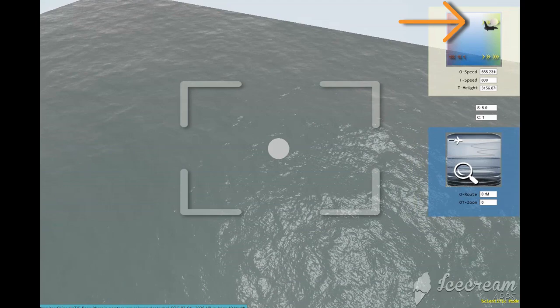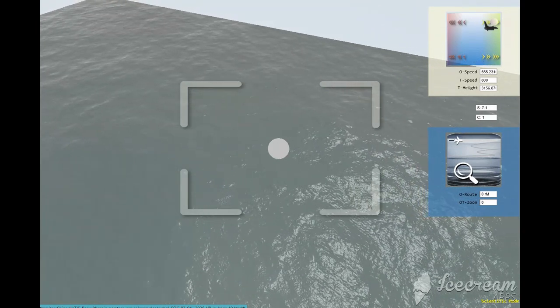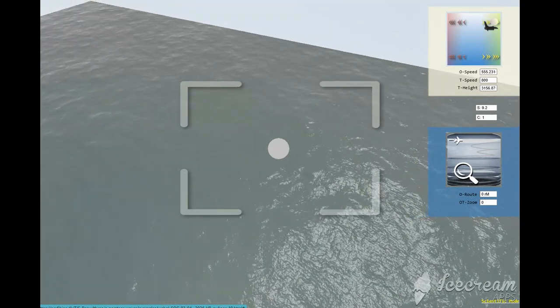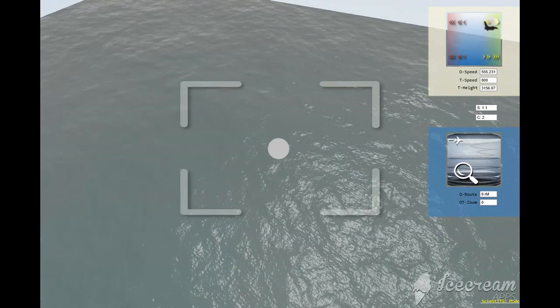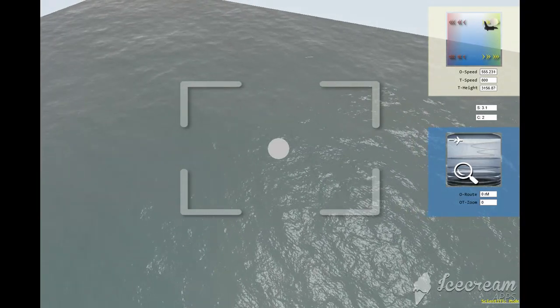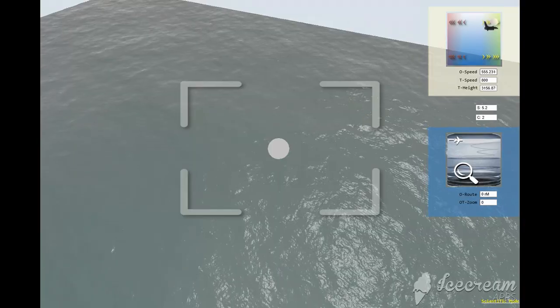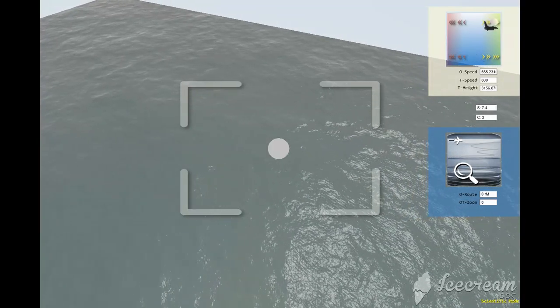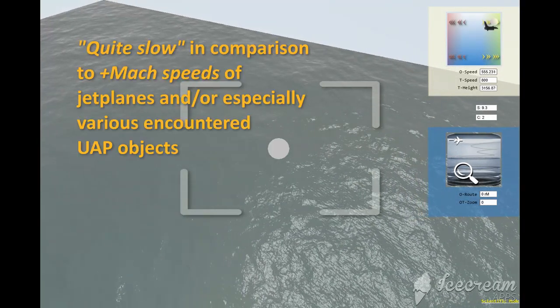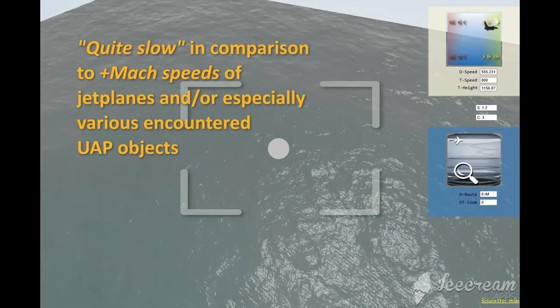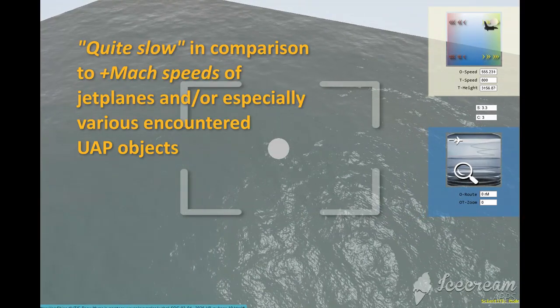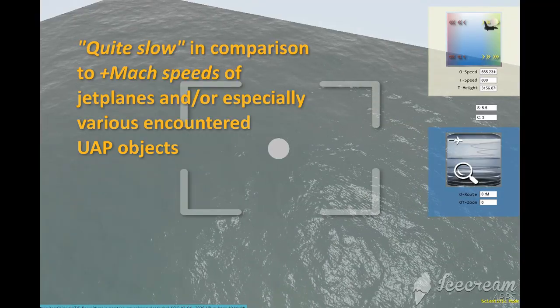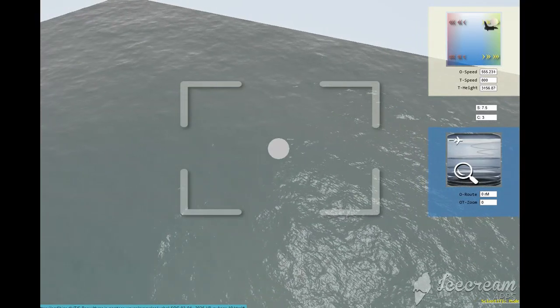And in this option, the jet plane is flying with an observer speed of 555 kilometers an hour. It is quite slow, but it's still much faster than both the drone at the A1 and the Challenger plane at the A2. The target speed is here at around 800 kilometers an hour.